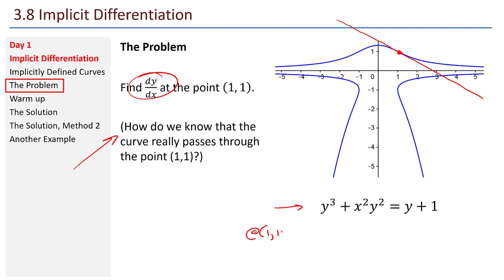At (1, 1), I get 1 cubed plus 1 squared times 1 squared equals 1 plus 1. Is that true? Oh yeah, on the left I have 2, on the right it's 2. Yes, that is a true statement, so the point (1, 1) lies on the curve. Before we figure out the slope of that tangent line, we need to do a little bit of warm-up.